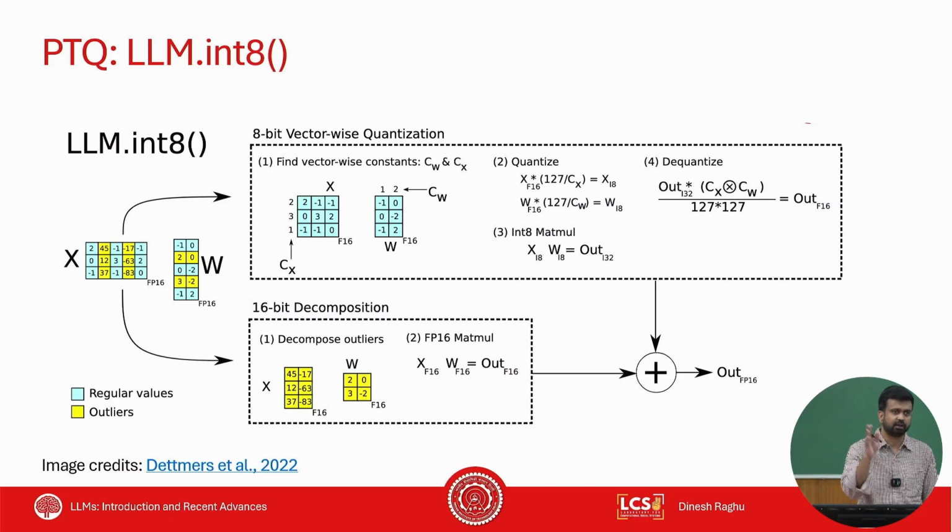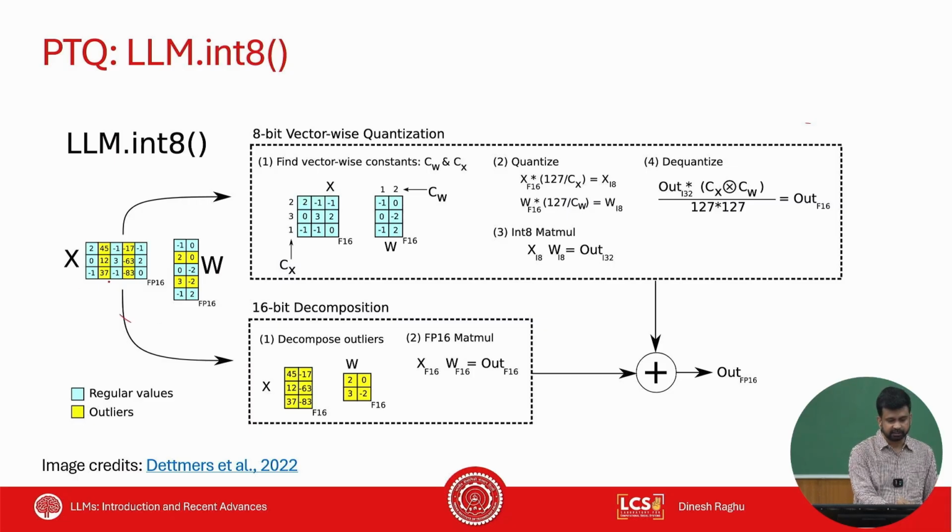What these guys said is that you have a certain threshold, and any value that crosses that threshold is the outlier, right? So don't use them to compute your scale factors or other constants. Keep them away. Just identify them as outliers and keep them out, right? Do all your quantization constants, and then during input, when you see these outliers, just mask them out, take them out, right? If you see here, the yellow ones are the outlier ones.